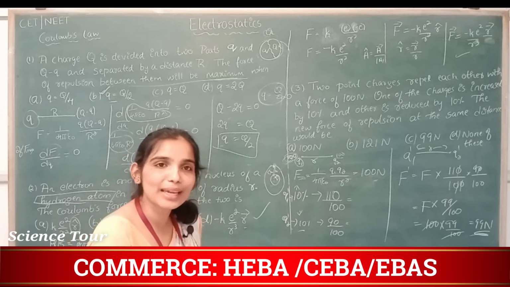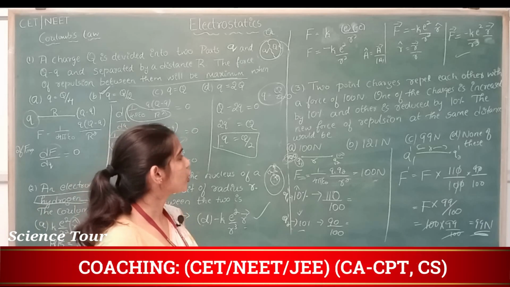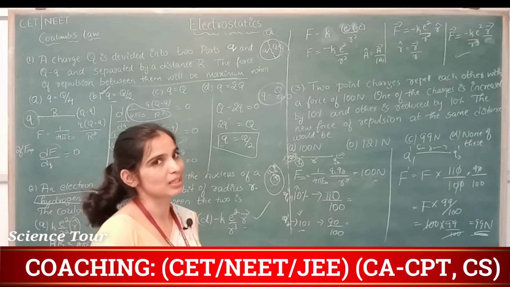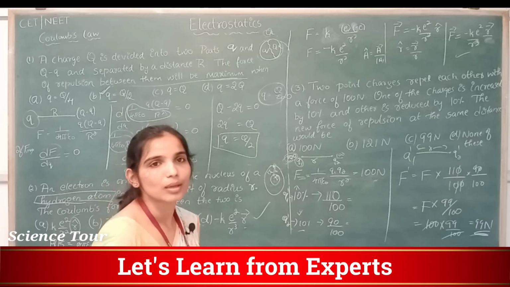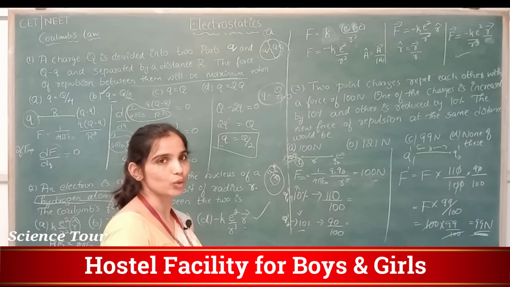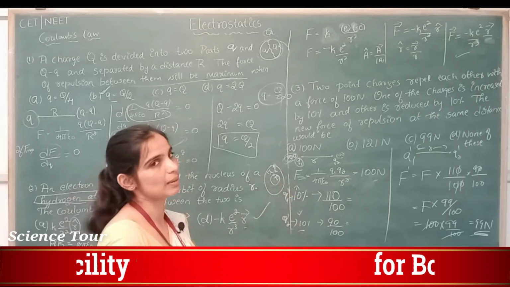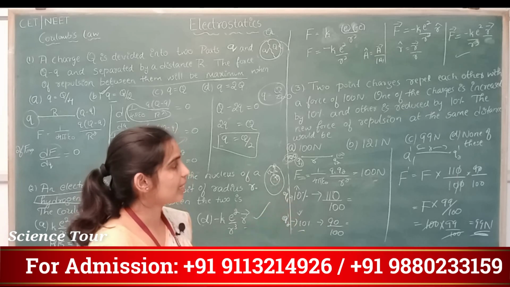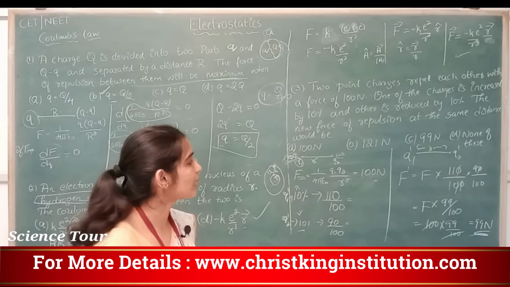Actually you are not making much difference, right? If you think logically, Q1 is increased by 10%, Q2 is decreased by 10%. Initially they were Q1 and Q2, now Q1 is increased by 10% and Q2 is decreased by 10%, but their force will reduce by just 1 Newton.